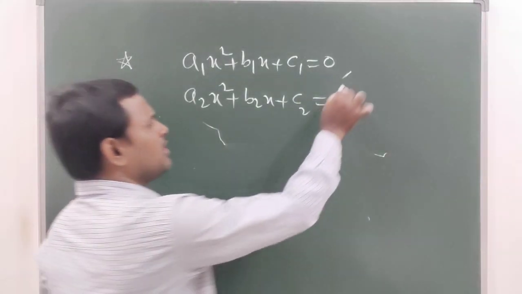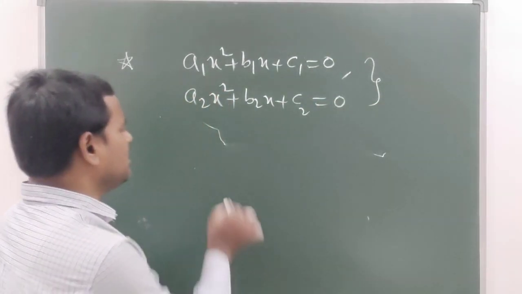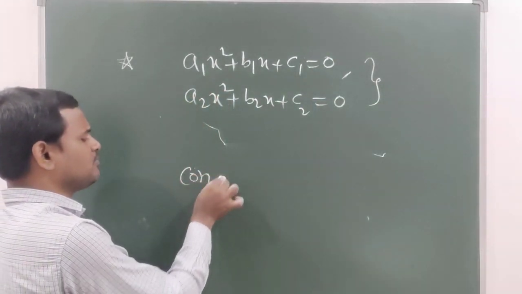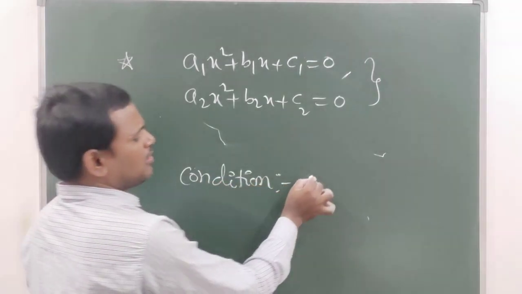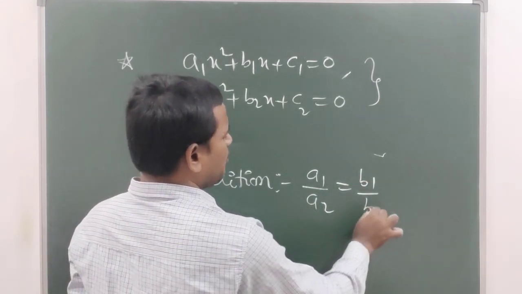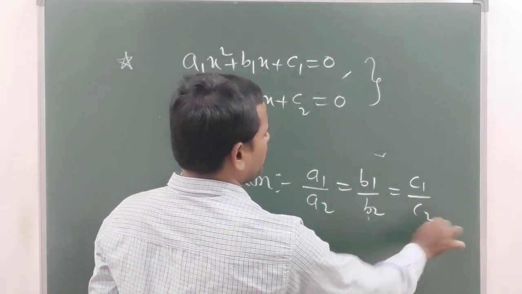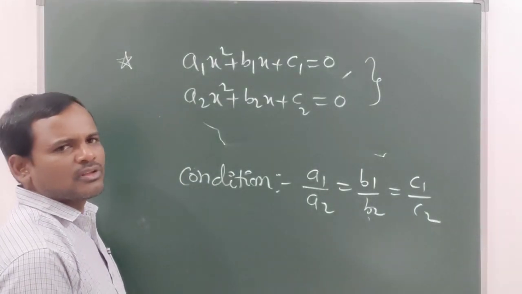If these two quadratic equations have both roots common, then we get this condition: a1/a2 = b1/b2 = c1/c2.